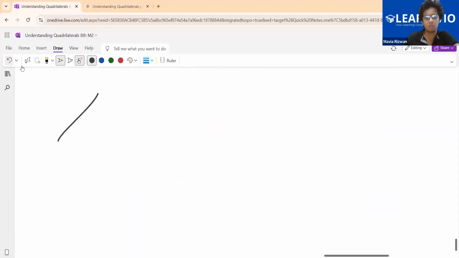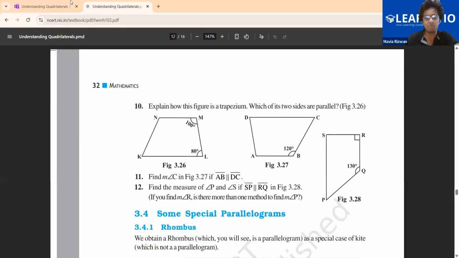So, does any of you remember what a trapezium was? Does anyone remember? None of you remembers it.